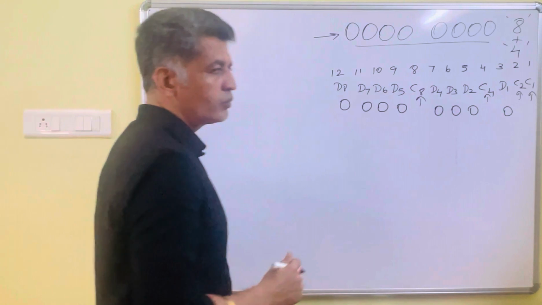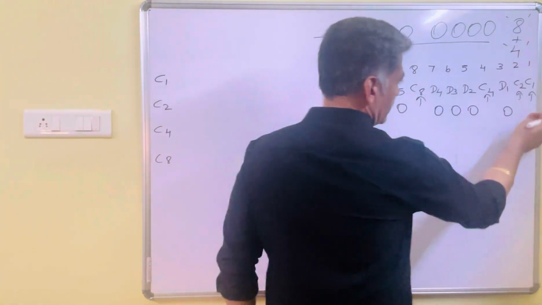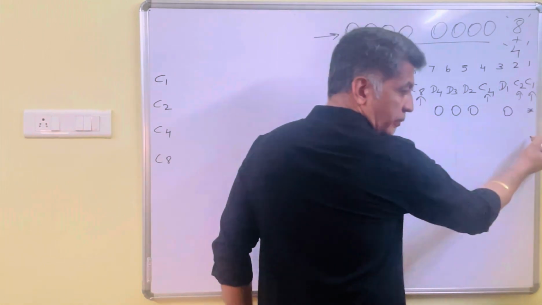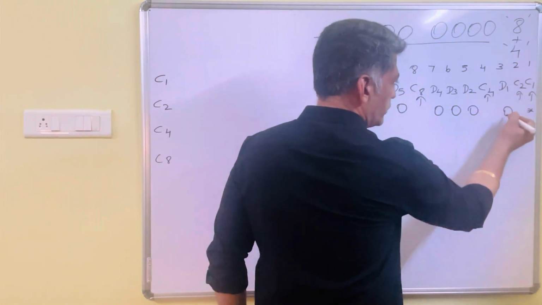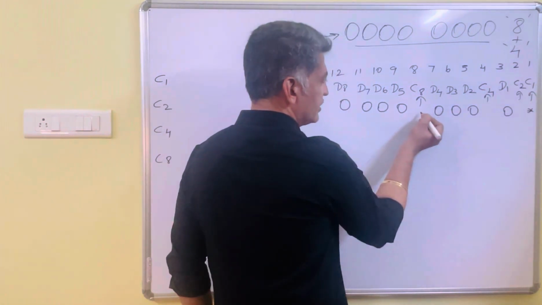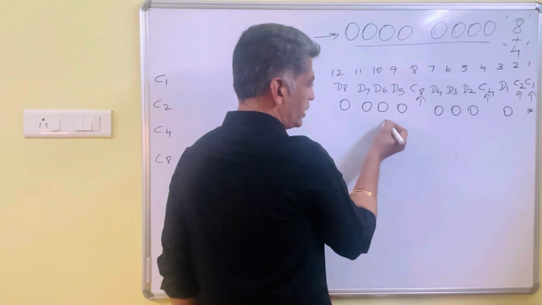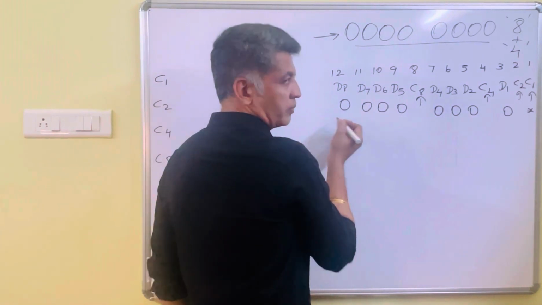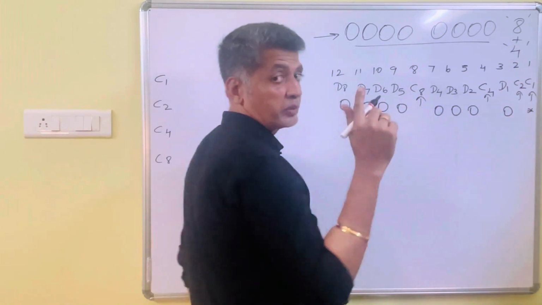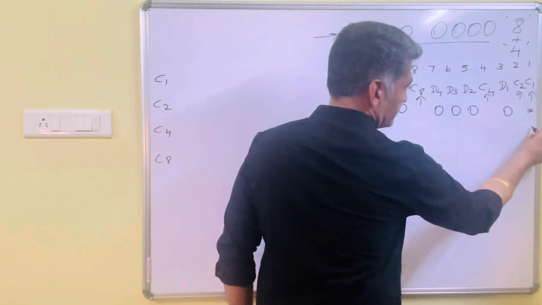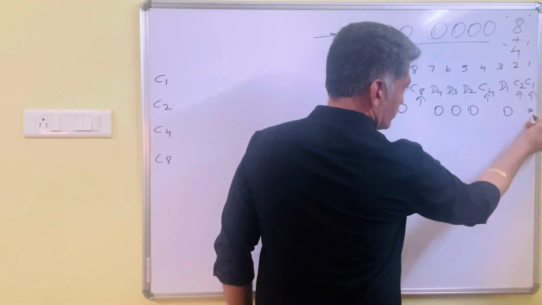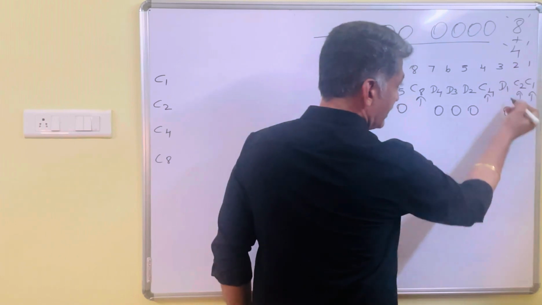If I am going for check bit 1, I need to start from here: check 1 bit and leave 1 bit, check 1 bit and leave 1 bit, and like that it goes. This is the frequency for check bit position 1. You start from check bit 1, where nothing is there, then check 1 bit, leave 1 bit, and check 1 bit.